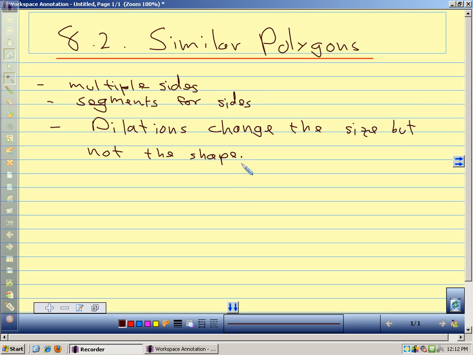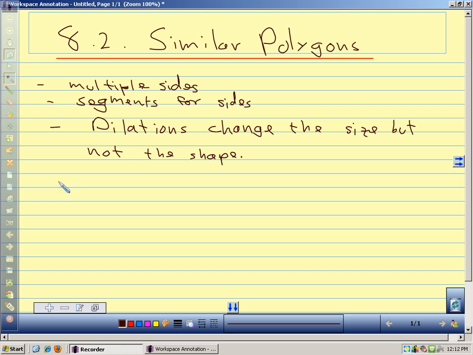And today we're going to start talking about what that means in terms of things we can measure about the shape. We've talked about how to construct a dilation using a center of dilation. But if we have two shapes, how do we compare those shapes and decide if one is a dilation of the other?